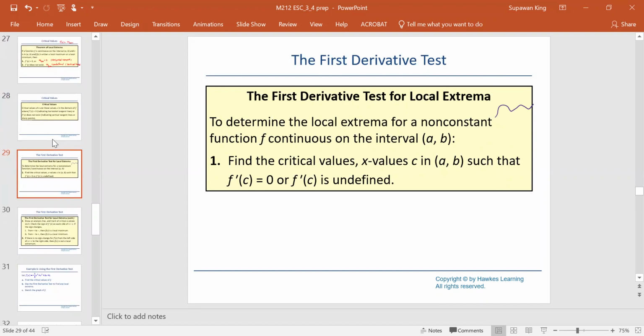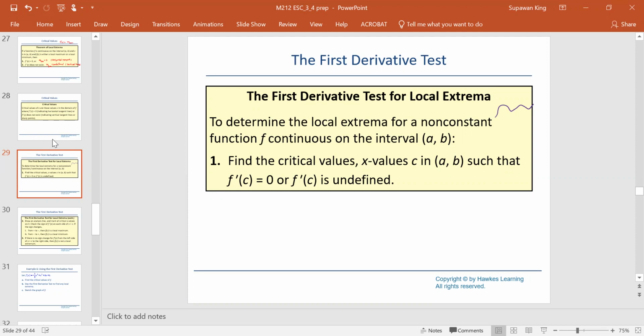The first derivative test to determine the local extrema, which is either local max or local min, for a non-constant function f continuous on the interval (a, b). We are considering the curve, not the line.